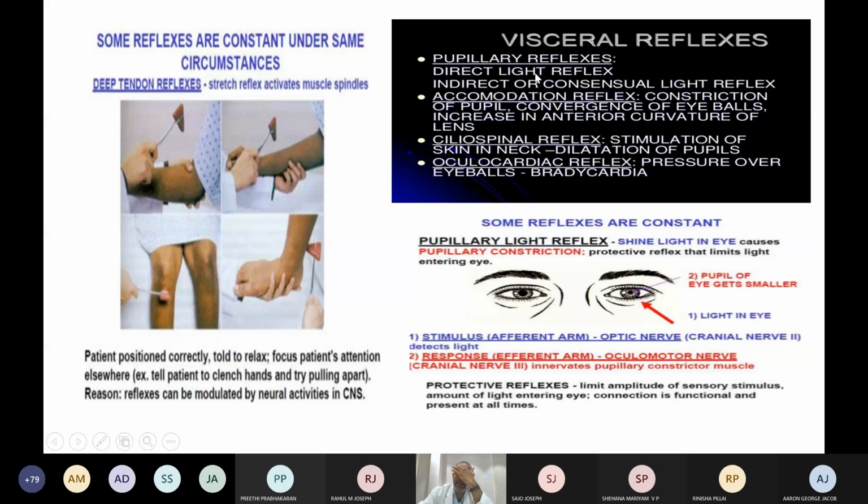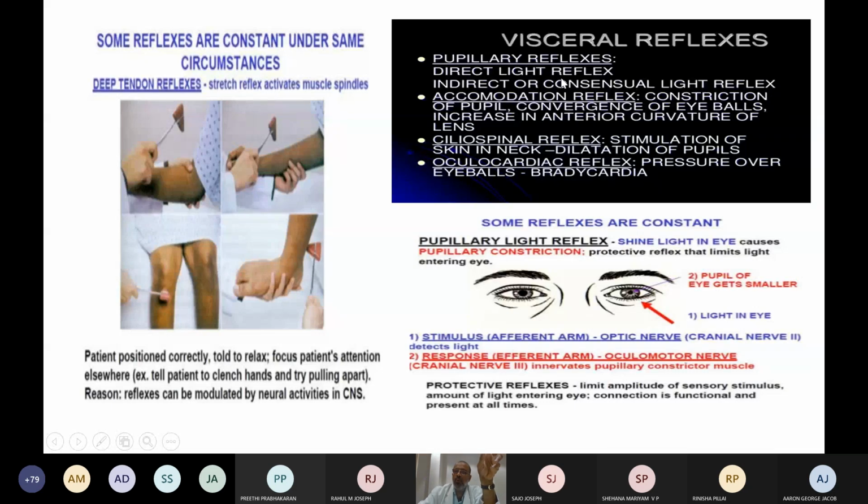You are shining the light in the right eye. He is looking to the front. You are bringing the source of the light from the side, shining the light into the eye, and it is not very near, it is from a distance. What you have to notice is what is happening to the pupil. The pupil will show constriction. That is direct light reflex.